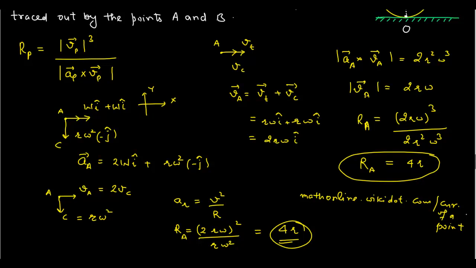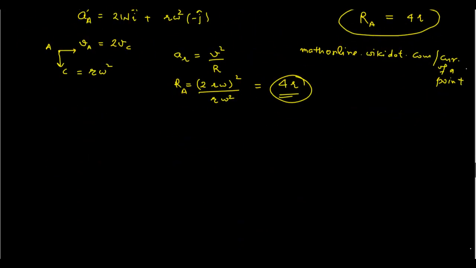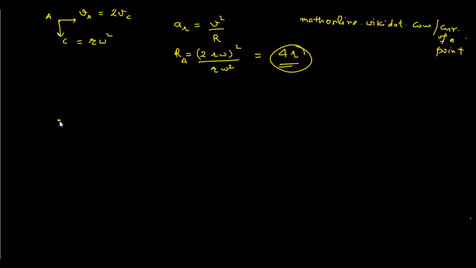Now what about point B? So for point B I am using this short method. The velocity of point B in this direction is say v, and the velocity along the tangent is also v, because it is under rolling.